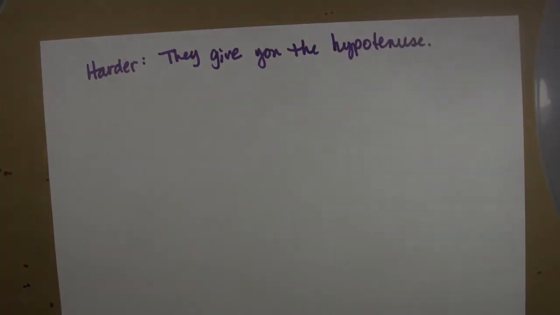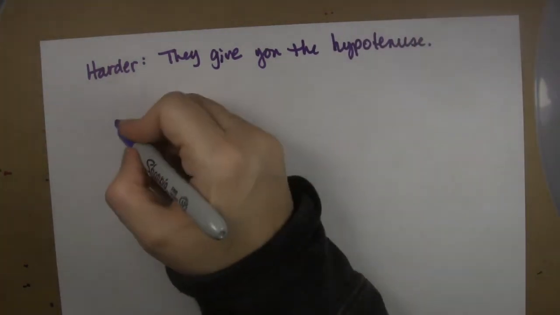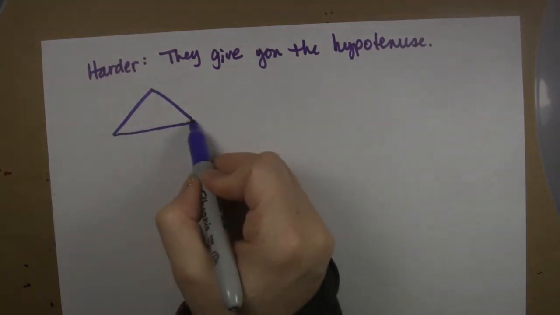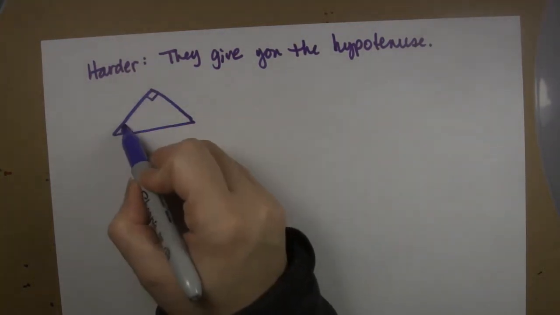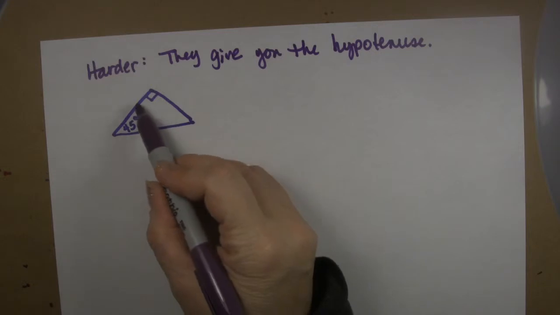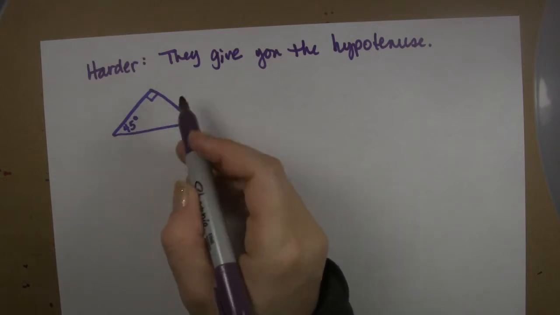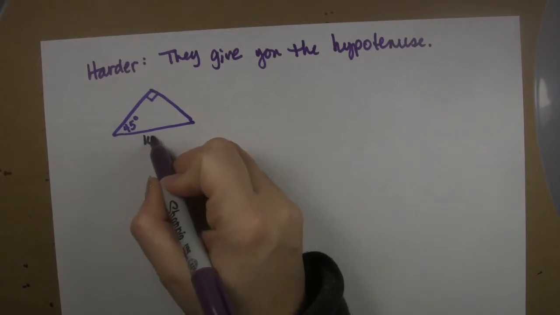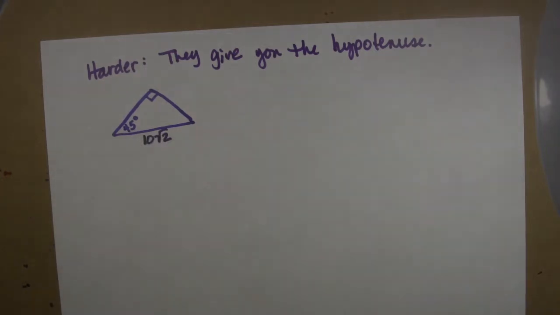So, let's draw a 45, 45, 90 triangle. Like that. And instead of knowing what either of those two legs are, we know that our hypotenuse is 10 root 2. So now what can we figure out?